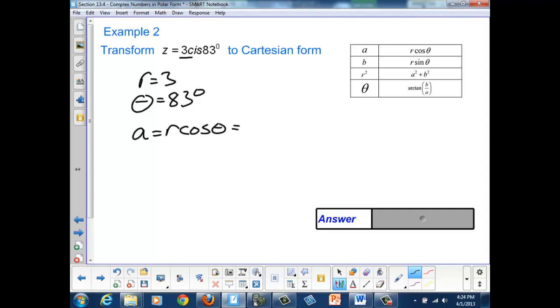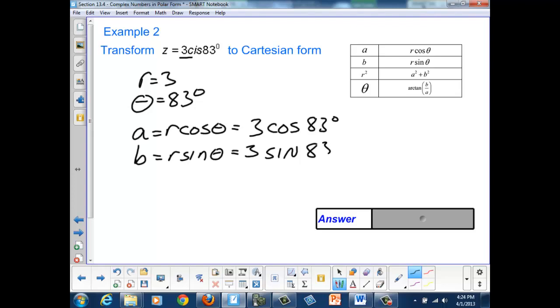So that's going to be 3 times the cosine of 83 degrees. b is going to be r sine theta. So that's 3 times the sine of 83 degrees. And if we plug that into our calculator, we should find that a will be 0.365 and b will be 2.978. So our complex number in Cartesian form is 0.365 plus 2.978i.